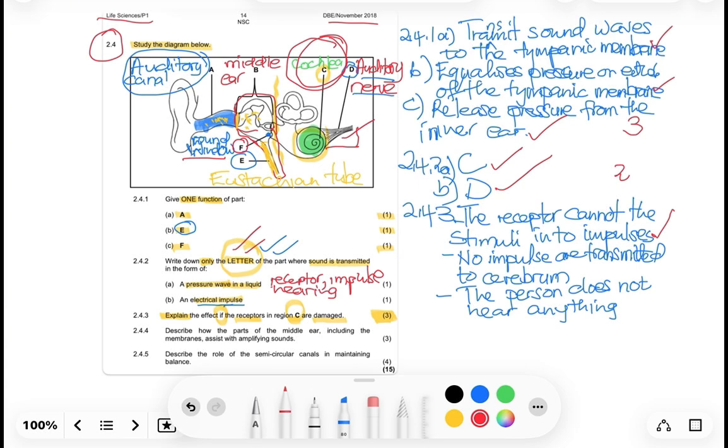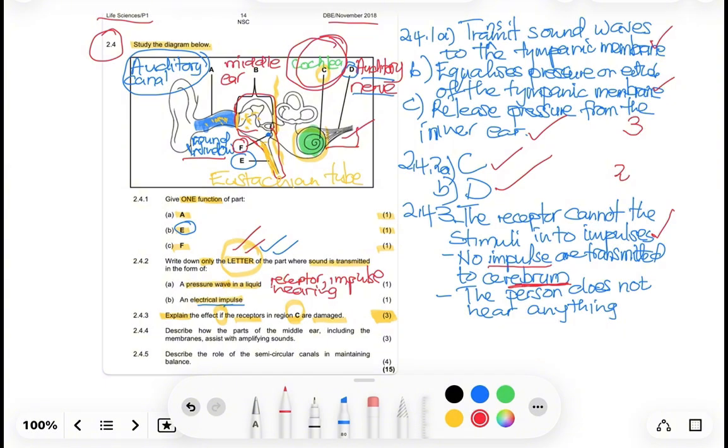So if an impulse cannot be produced from the stimulus, it means that no impulse is going to be transmitted to the cerebrum, the brain, right? It is very important for us to note that here we are talking about the brain, the cerebrum, and we are talking about impulses. Let's make sure that we use the correct term.